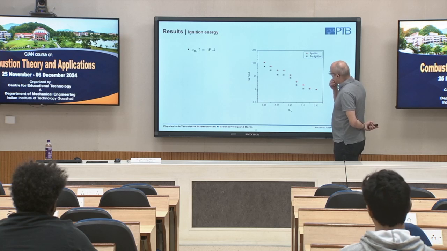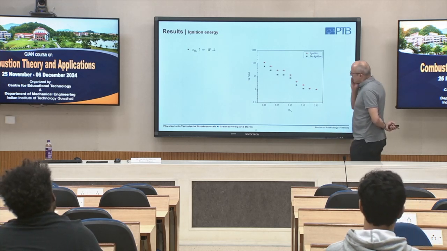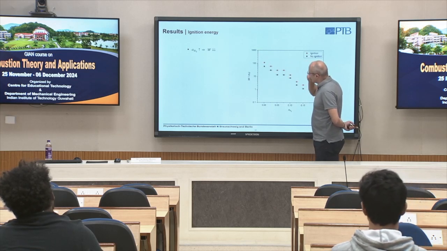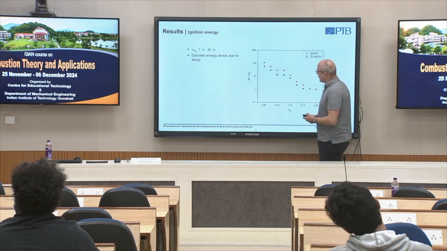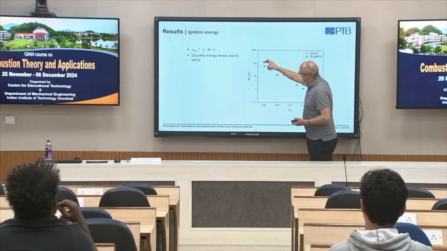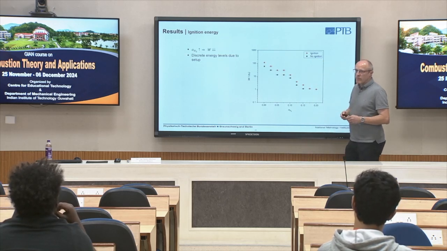When we look now at the ignition energy, here we have a logarithmic scale. Here we have the experiments where we have seen no ignition in 1 of 10 experiments in black, and in red we have the energy where we have seen ignition in 1 of 10 experiments.